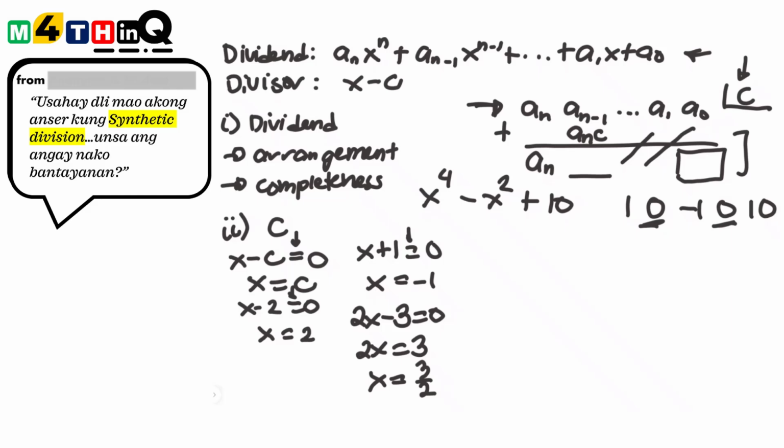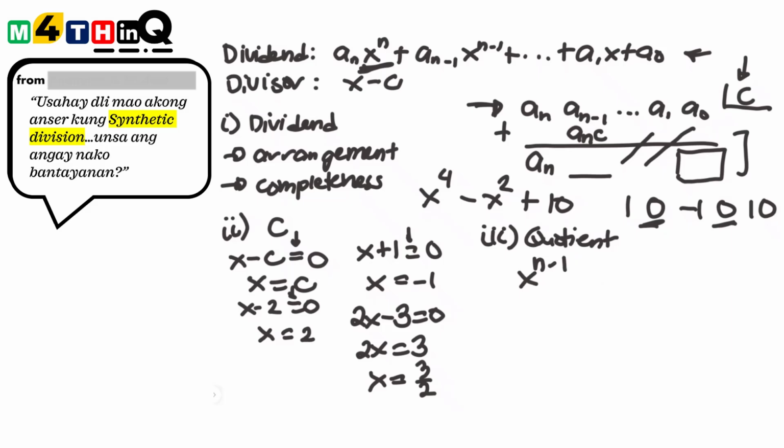And the last part, okay, let's look at your last portion. Now, let's look at your quotient. The general concept here is that for your quotient, if you are using a dividend with x to the power of n, the highest degree of your quotient should be x to the power of n minus 1.